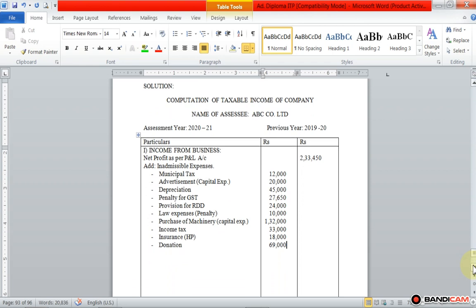Now make the total of the inner column and add these disallowed expenses in the net profit.